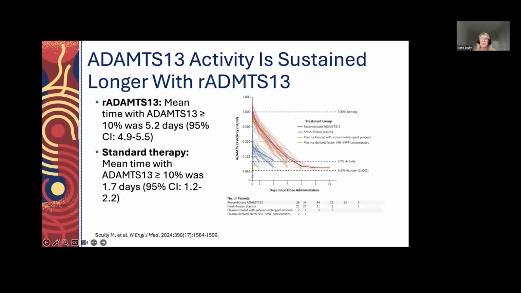But moreover, the length of time that we're seeing ADAMTS13 present is much longer than with standard therapy, so 5-fold longer than with FFP. And that's keeping the ADAMTS13 activity level above 10%.